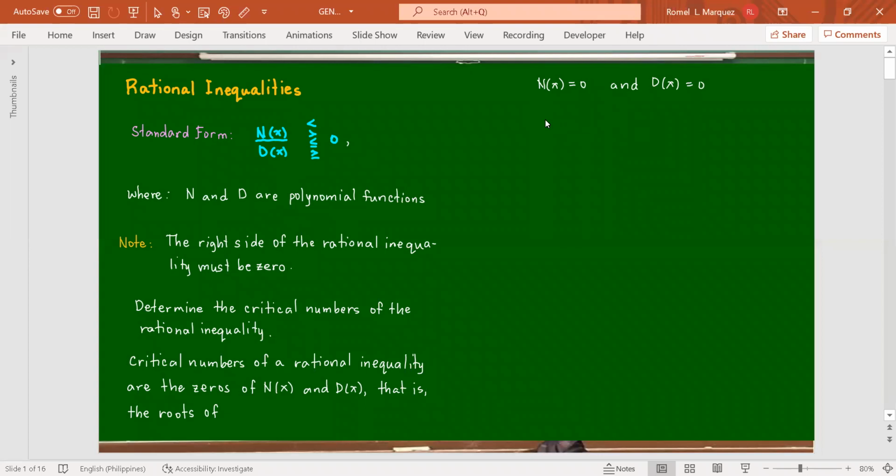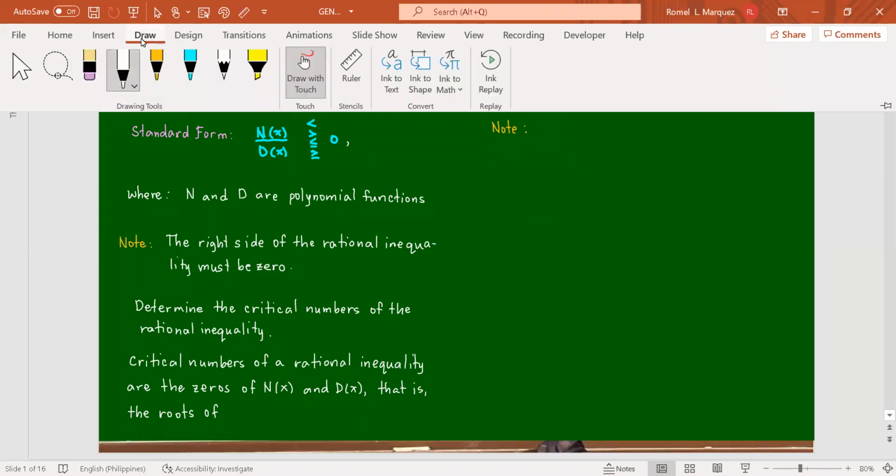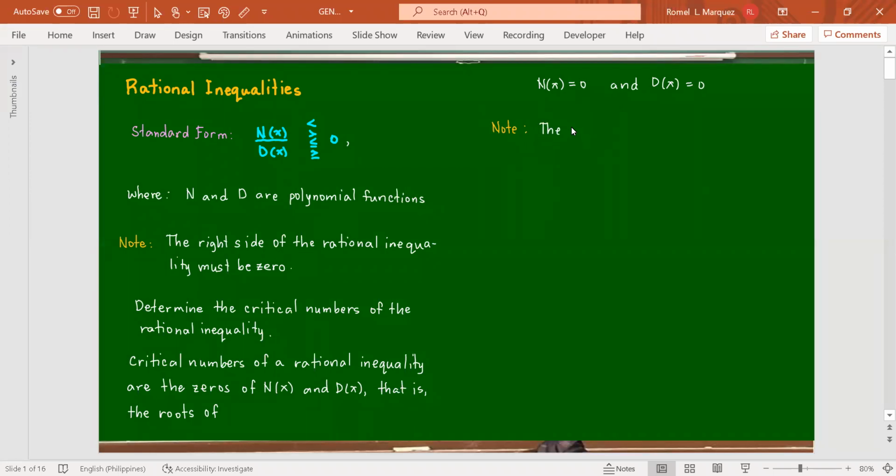Take note that the zeros of the denominator d of x are never solutions of a rational inequality.